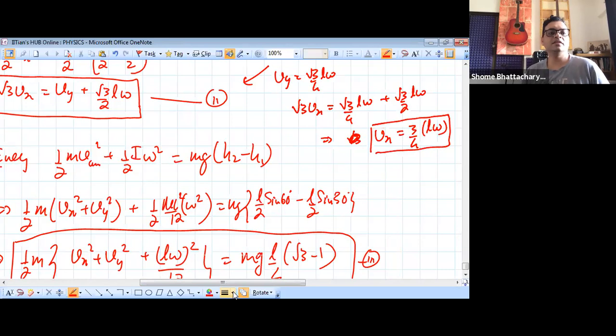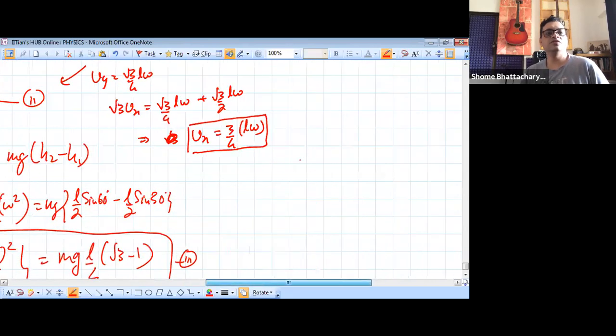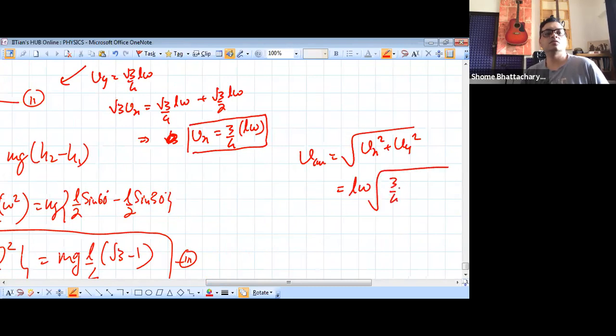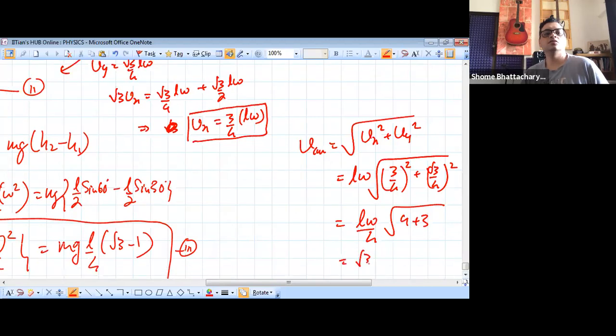Now you see you will get that constraint that we got earlier. So your Vcm, which is root of Vx square plus Vy square, will become L omega square root of 3 by 4 whole square plus root 3 by 4 whole square, which is L omega by 4 square root of 9 plus 3, that is root 3 by 2 L omega.